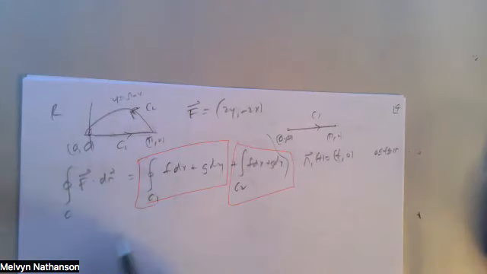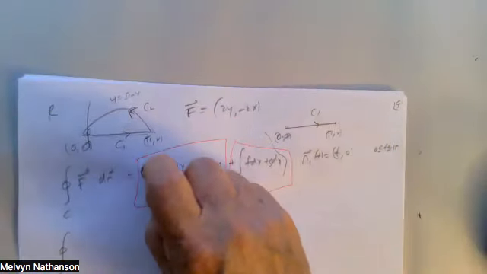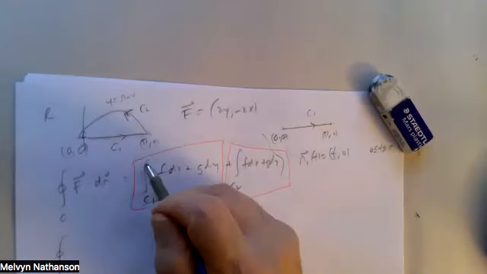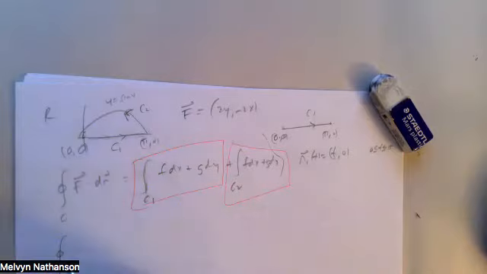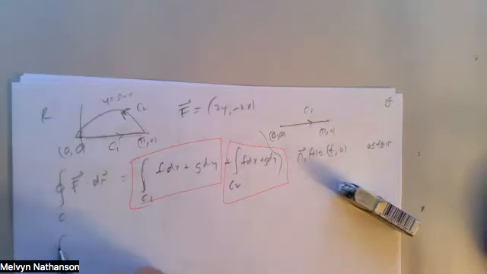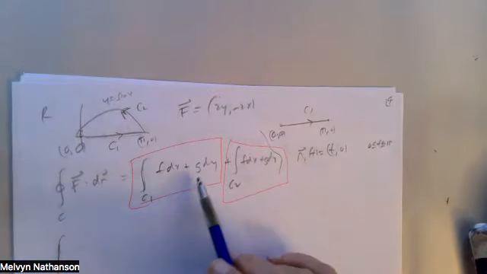So what is the integral along C1? Sorry, this is no longer closed. This is just a line integral. The integral around C1, so what is f and what is g?